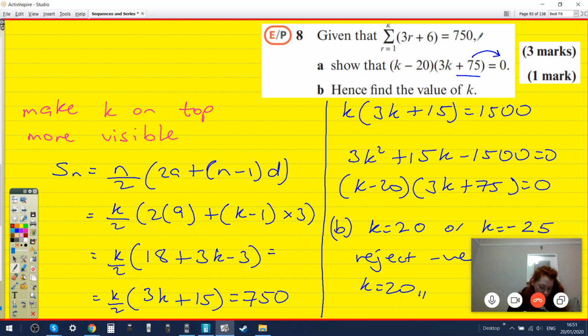So this was a show that, and you had to show it. How do you get A and D for these questions? So for A, we would just input R equals 1. And then D would be inputting 2 for R and then taking them away. Yes. How would you find the common ratio if it was geometric?